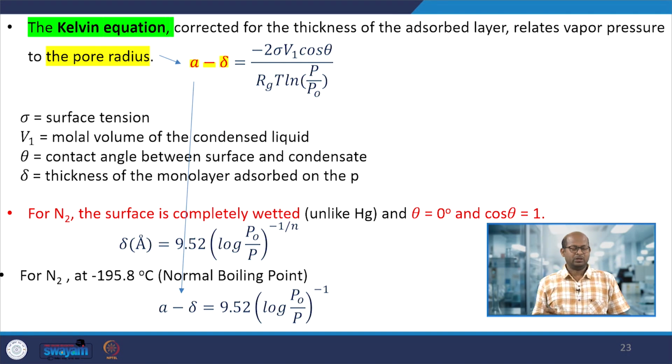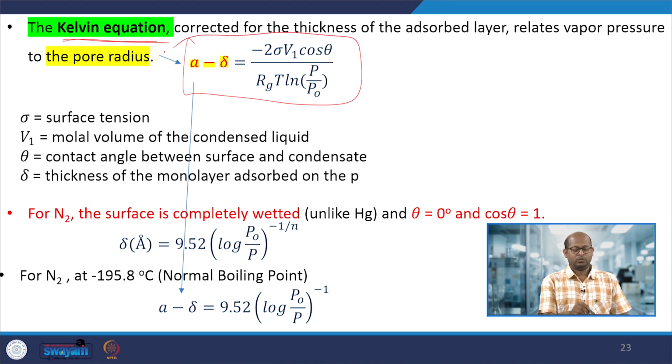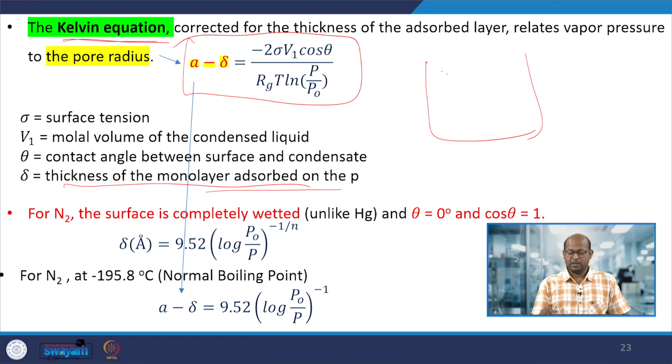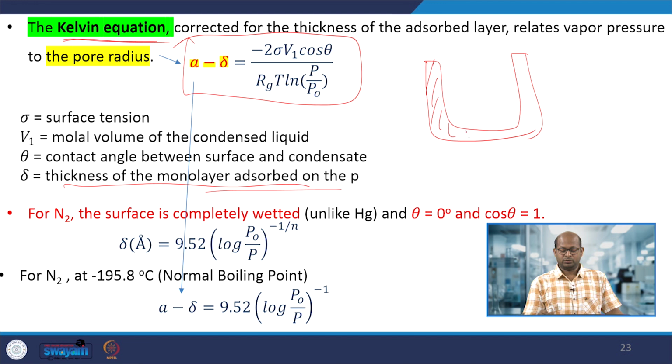Here there is some theory: the Kelvin equation is used to find the pore radius. A minus delta, where A is the pore radius and delta is the thickness of the adsorbed monolayer. When gas is adsorbed, say this is the surface of the pore, this is the solid and this is the pore. These pores have some radius, A, which we want to find.